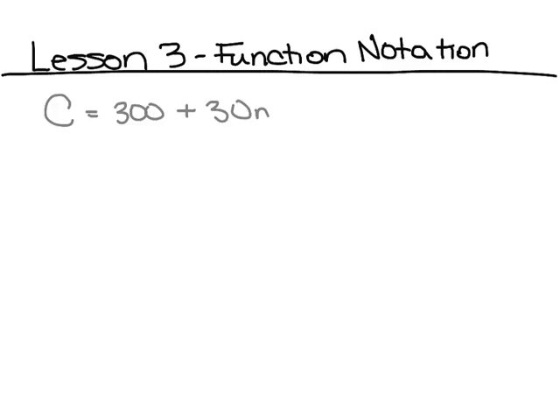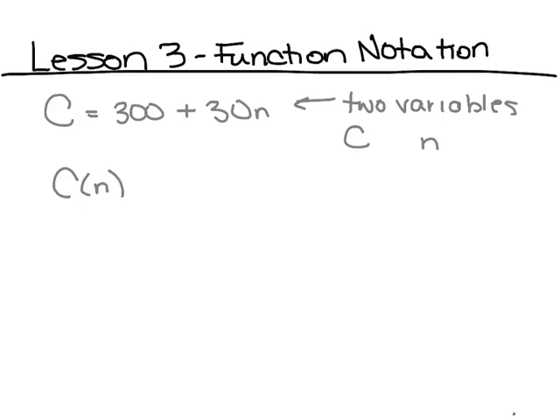Right now we have two variables, a c and an n. We want to write c evaluated at n. So this way it now has to do with n. c evaluated at n is equal to 300 plus 30n.